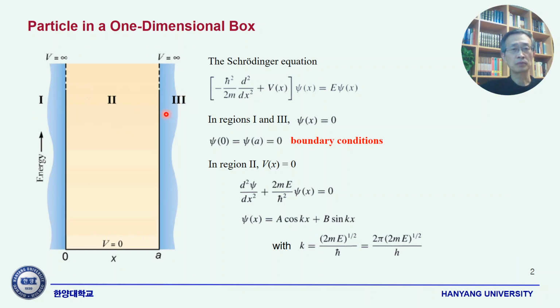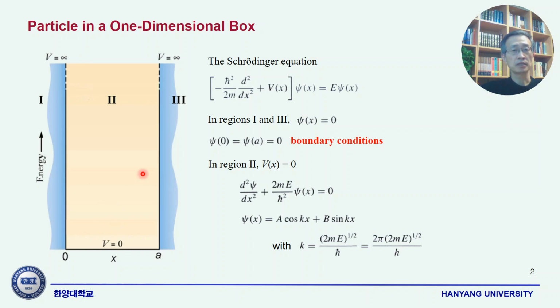Outside of the box the particle cannot exist, so the potential is infinity in regions 1 and 3. Inside the box, in region 2, the potential is constant, but we can easily say the constant equals 0.